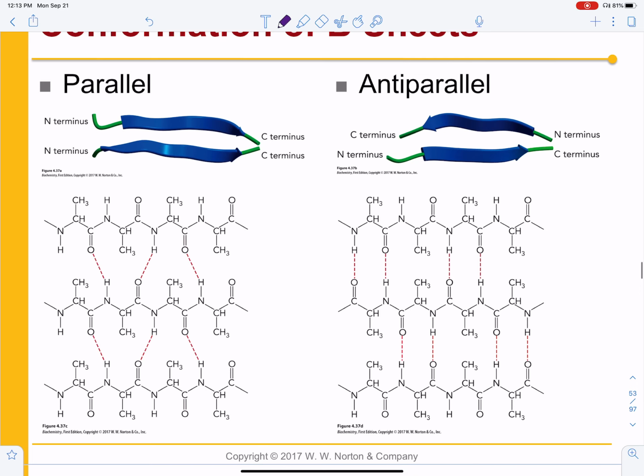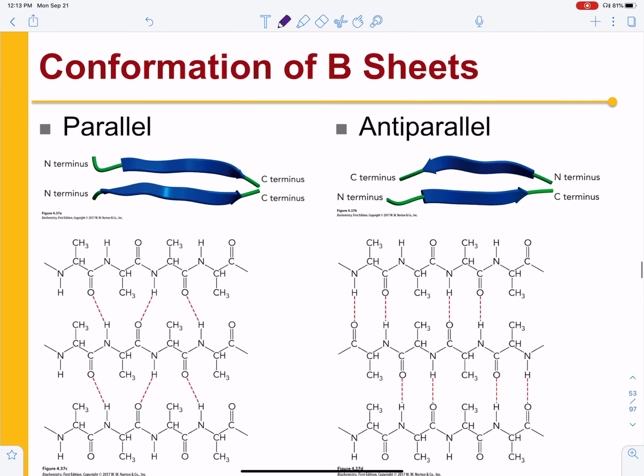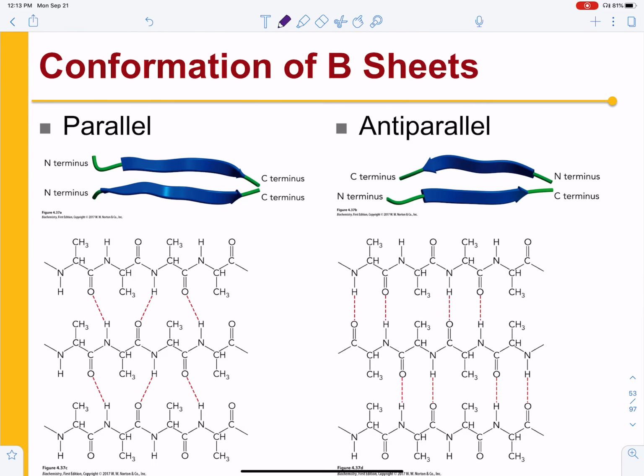There are two types of beta sheets. There are parallel beta sheets, in which the strands go in the same direction, and anti-parallel beta sheets, in which they go in opposite directions. You should remember anti-parallel nature from DNA: the single strands of DNA come together in an anti-parallel conformation.